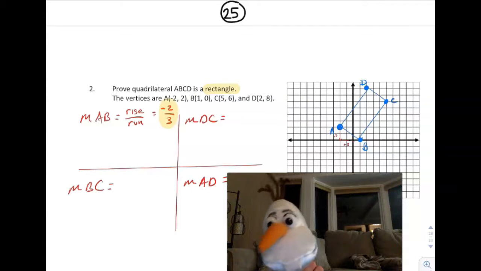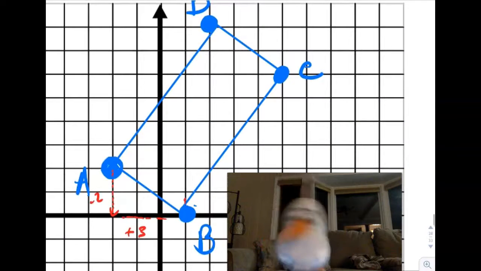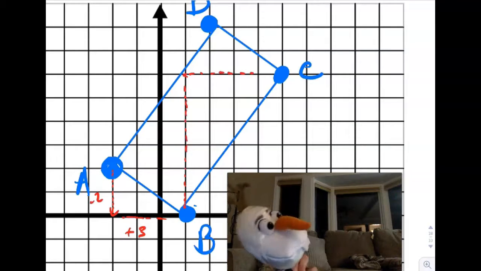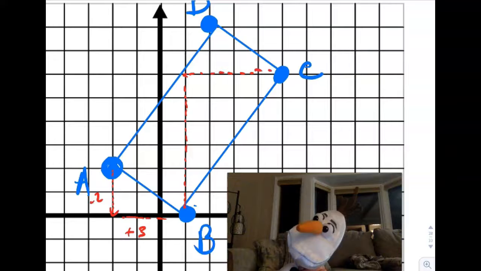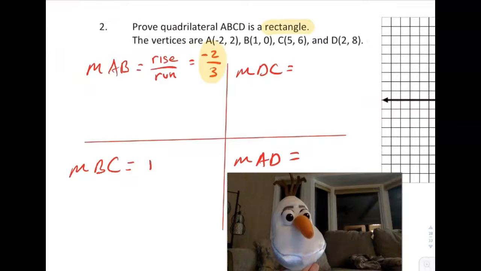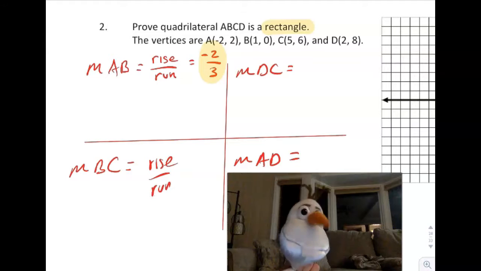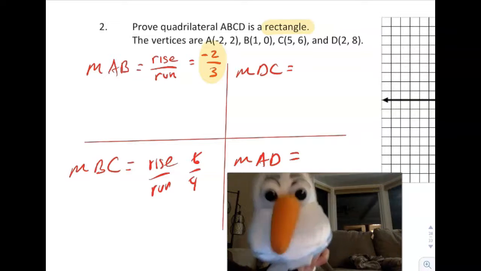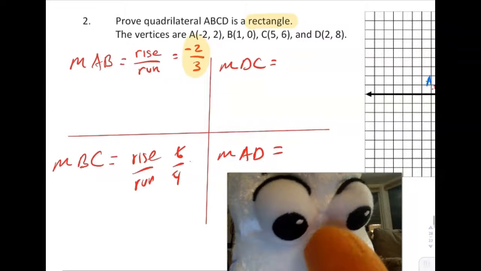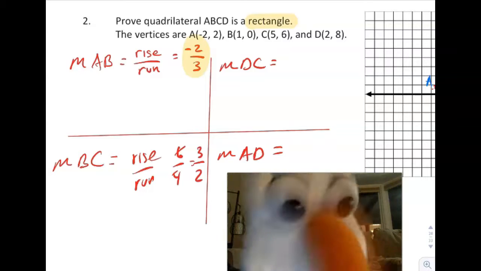Okay, so now we'll look at BC. BC goes up 6 and over, let's see, 4, right? Up 6 and over 4. So BC, the rise over run would be 6 over 4. And 6 over 4 can be reduced to 3 over 2.